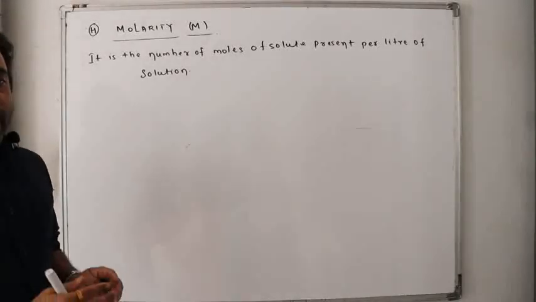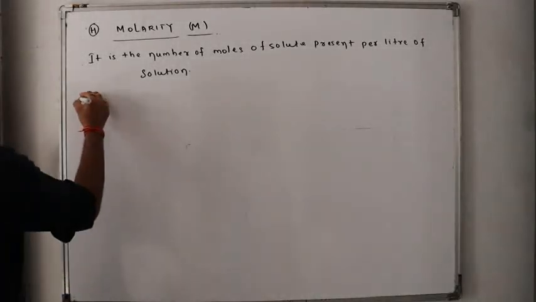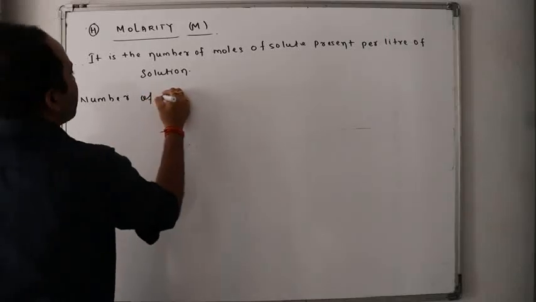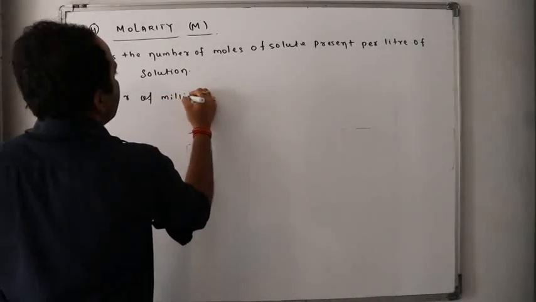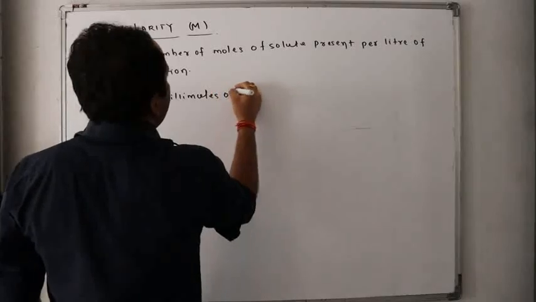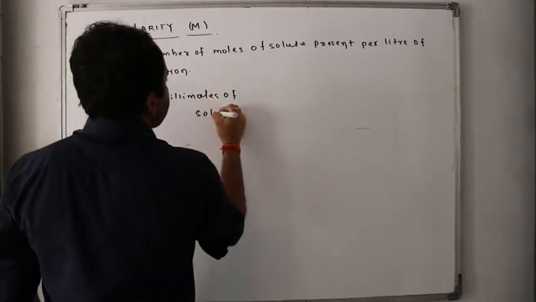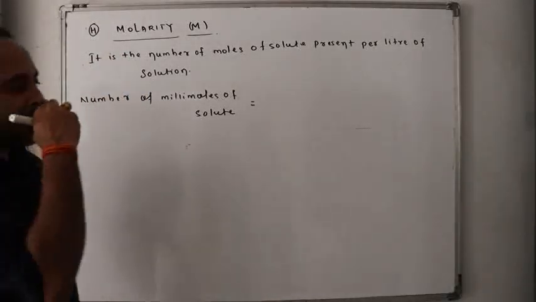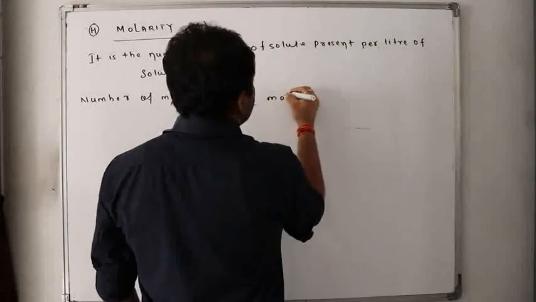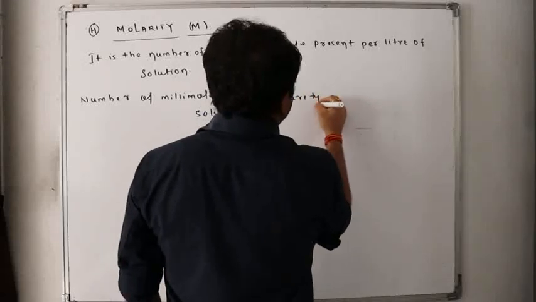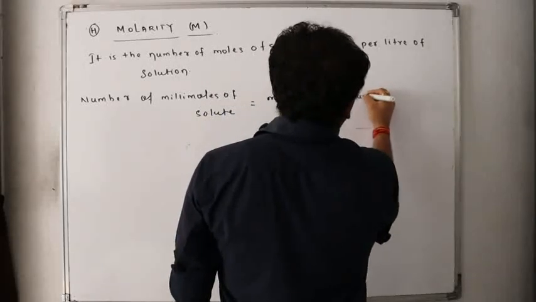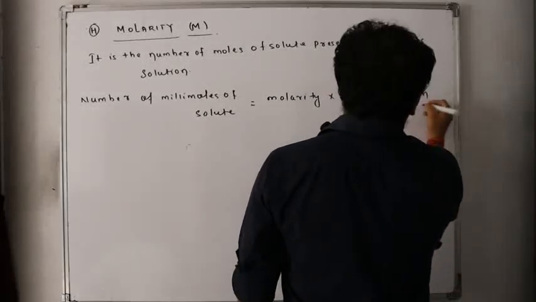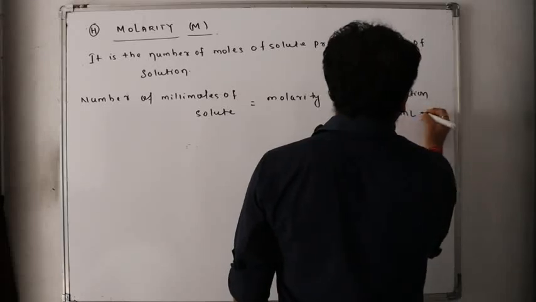Tell me one thing. If I write number of millimoles of solute, someone will ask, "You wrote number of moles." Number of millimoles of solute is equal to molarity into volume of solution in ml.